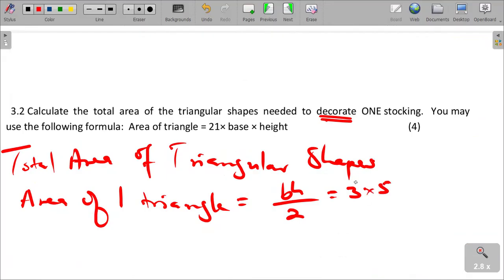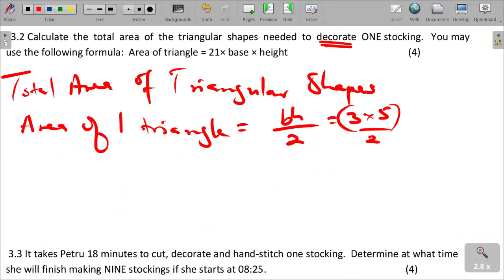So it is 3 times 5, divided by 2, and that gives us 15 divided by 2, which is equals to 7.5.